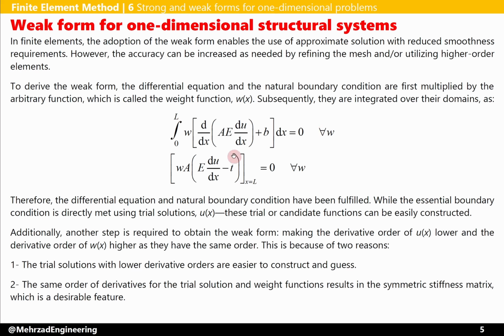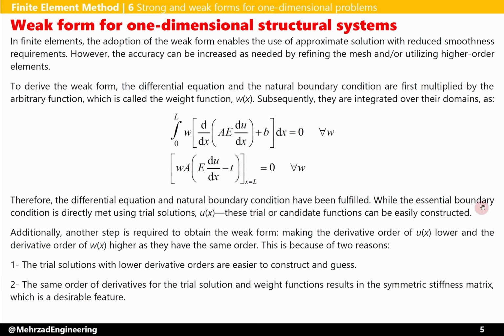Also, I will do the same for the natural boundary condition. This is the natural boundary condition. I multiply this by w and then I integrate this on its domain, which is the cross-sectional area at x equal to L. So up to now, the differential equation and natural boundary condition have been fulfilled.